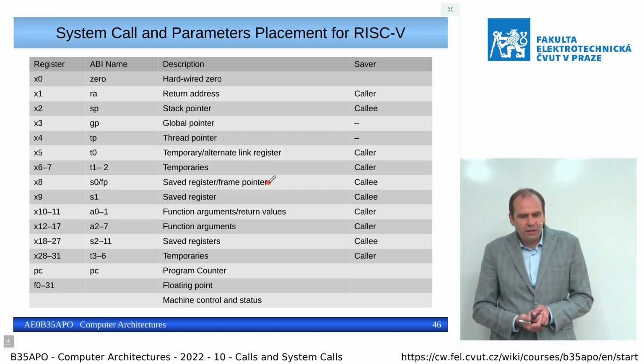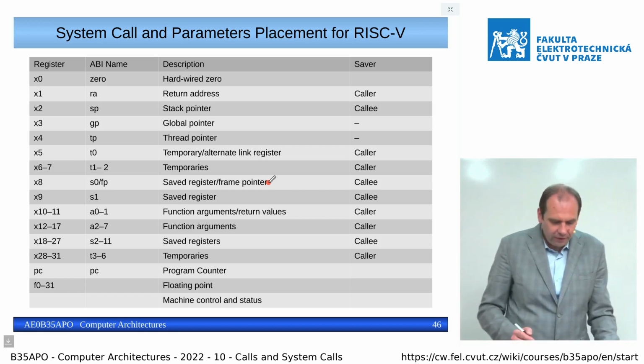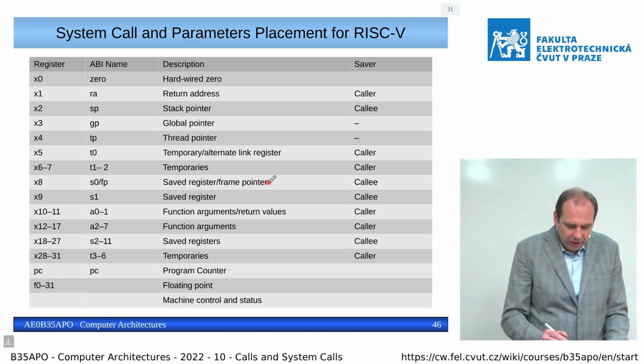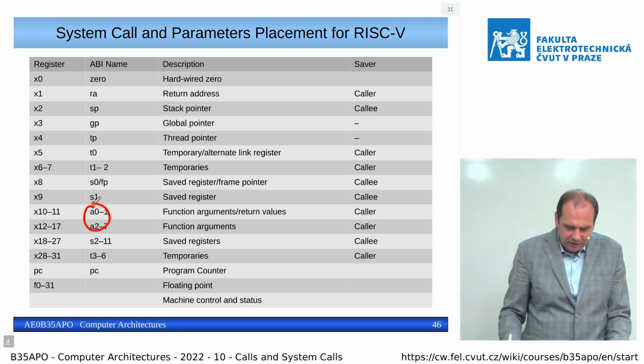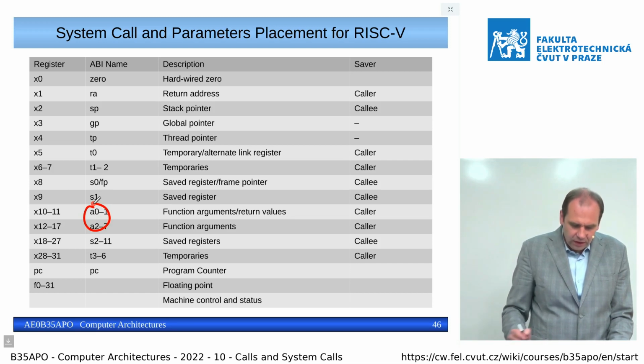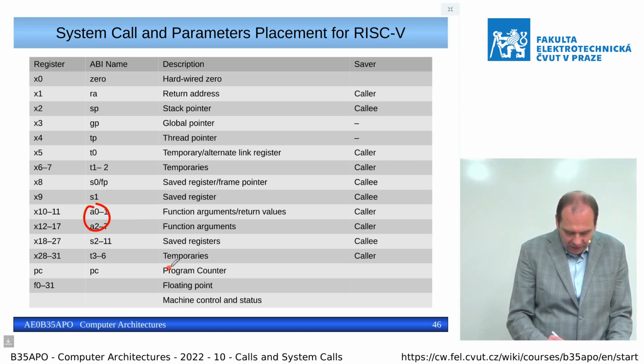There is a calling convention for the RISC-V. For RISC-V, we have more registers, so we can put up to, in fact, 8 arguments, but for the Linux kernel, I think that up to 7 is used. And A7 is used to specify the operation.